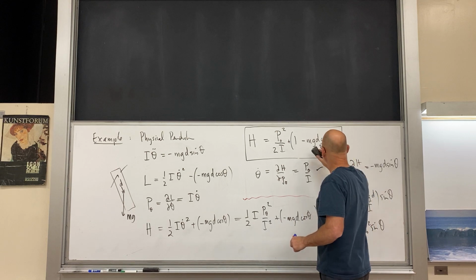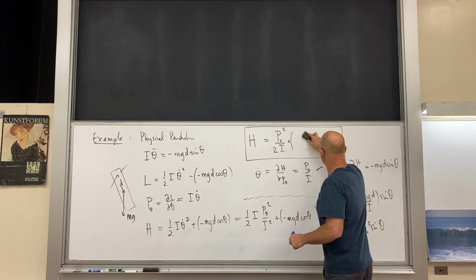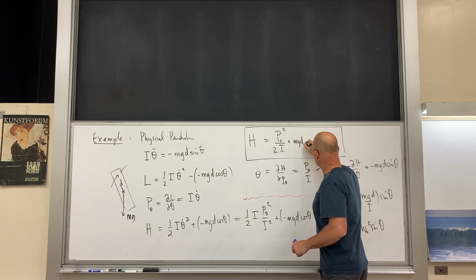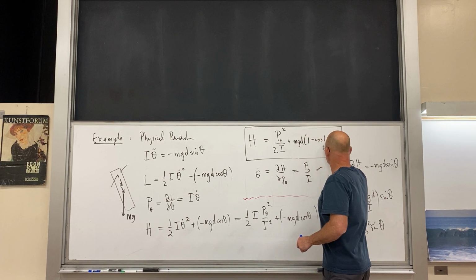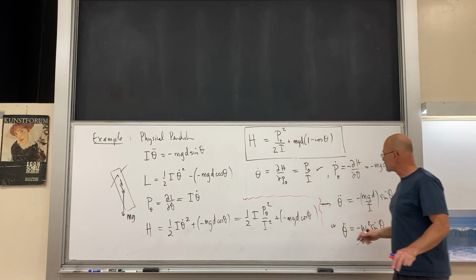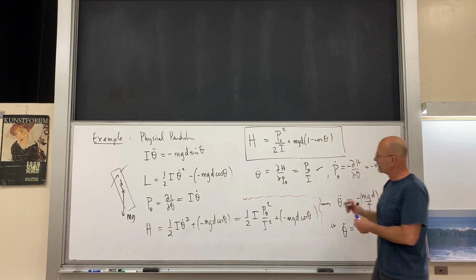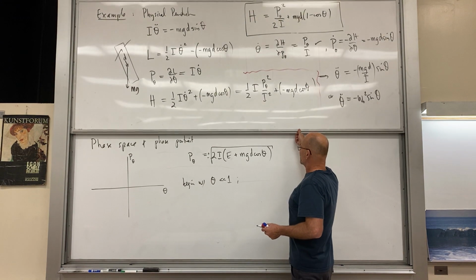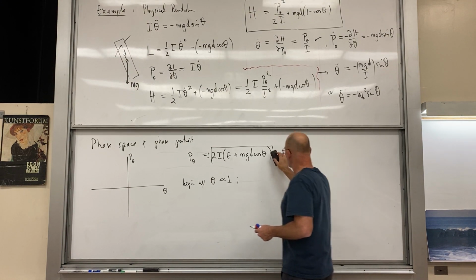Oh, not so fast. mgd times 1 minus cos theta. That changes nothing with what we did right here, but that's more useful. So instead of cos theta, I have to have 1 minus cos theta.